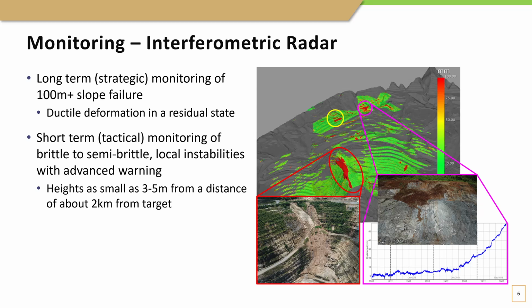Further up in the slopes on the next pushback are some local, small failures that are occurring and are semi-brittle or brittle in nature. These are all identifiable with advance warning, and these can be very small, with heights of 3 to 5 meters, identified from a distance of about 2 kilometers from the target.